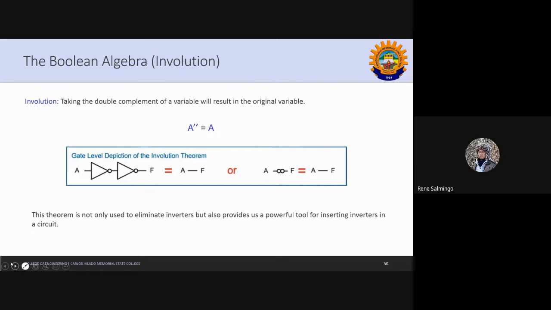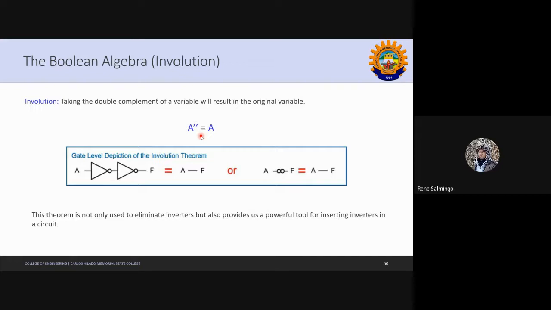Now we go to involution. We are taking the double complement of a variable, which results in the original variable. We have the gate level depiction of the involution theorem, with double negation, so we have A prime prime.